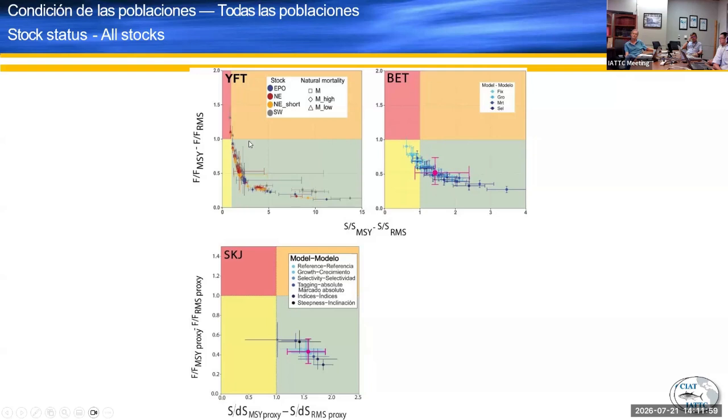But all 3 species in the 2 yellowfin stocks are all in good health. And in fact, the southwest yellowfin stock is the one that requires the most restrictive.